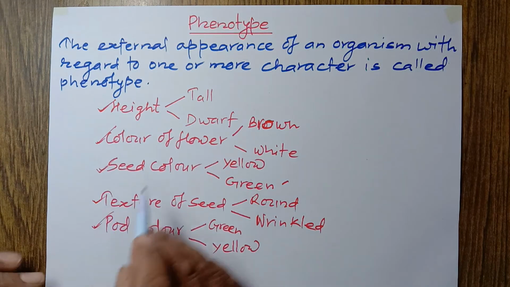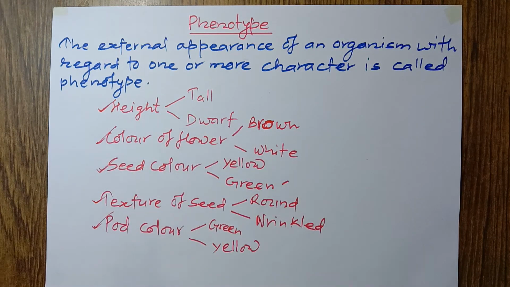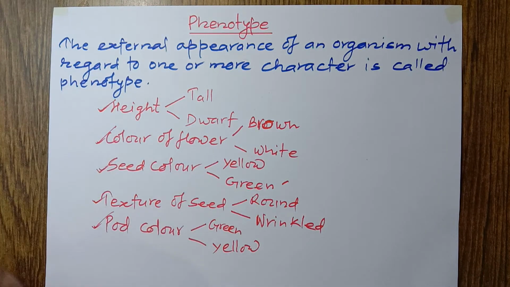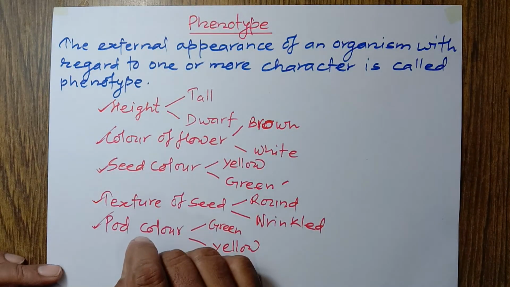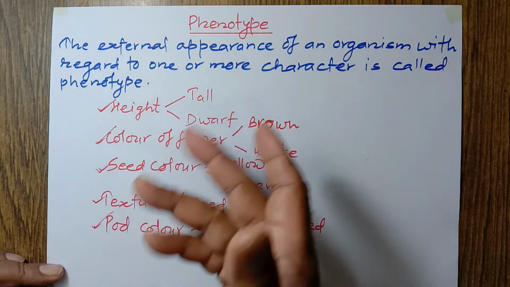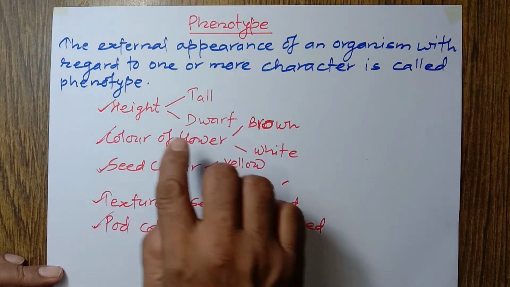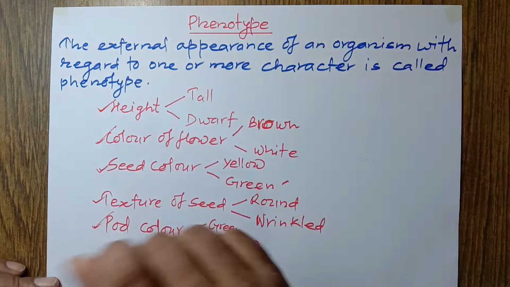But each character has at least two factors. If, looking at a pea plant, we say this pea plant is tall, then we are talking about the phenotype of that plant. We are talking about a character, and tallness is one of the factors of that character.